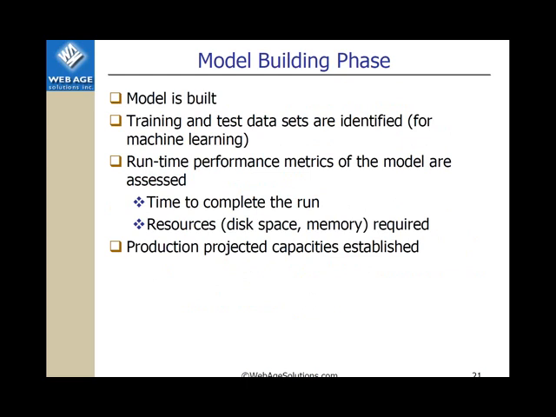mind-boggling. You need to take into account runtime performance, because you may have non-functional requirements, like your application should run within a sub-second interval so that it can be attached to a real-time system. Again, resources: CPU, what the machine should look like. Most machine learning algorithms are CPU intensive, and they are memory intensive.